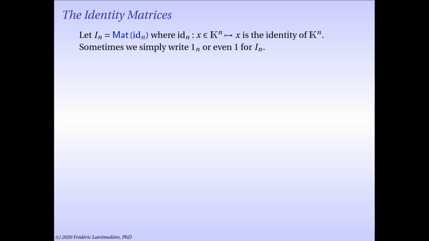For each non-zero natural number n, we let I sub n be the matrix of the identity function of k^n, that is, the function which maps any vector x in k^n to itself. Sometimes we simply write 1 sub n for I sub n, or even just 1, if no confusion may arise. We also call I sub n the identity matrix or the unit matrix of size n. We note that it is a square matrix. It has as many rows as columns.